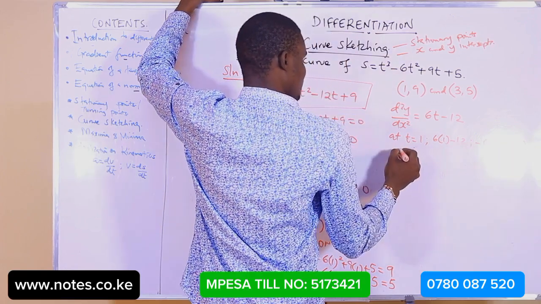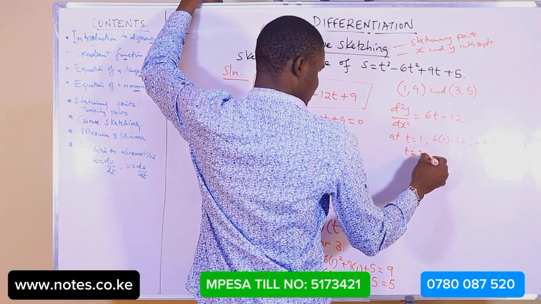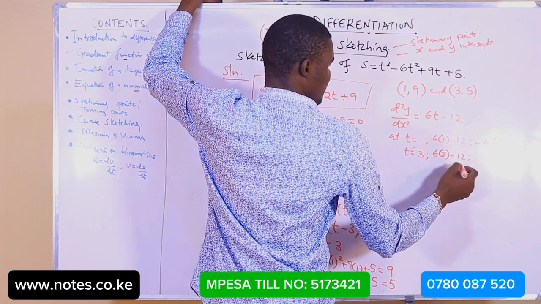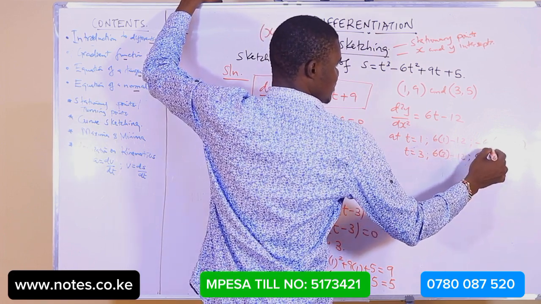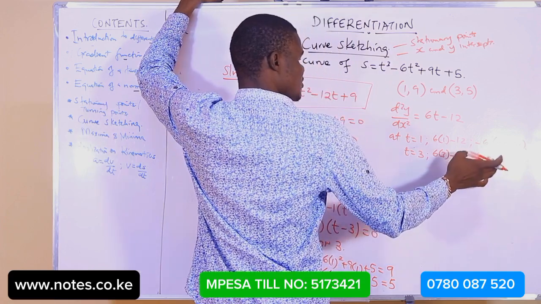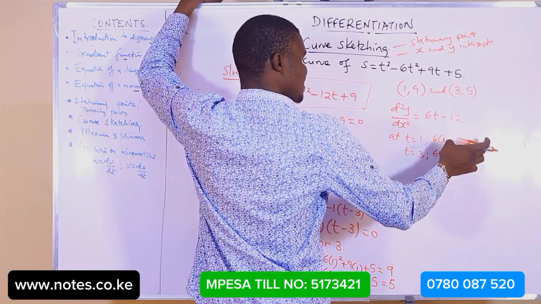Then the other side, you're going to say at t is equals to 3, you're going to say 6 into 3 minus 12, you're going to get 6. So it is a positive. So we said when this one is a positive, it is a minimum. When it is a negative, it is a maximum point.